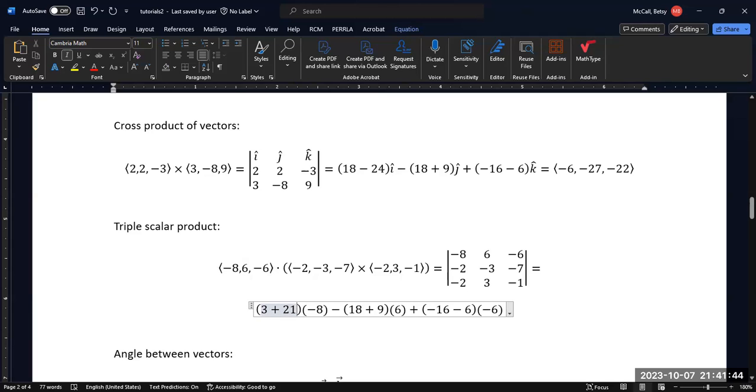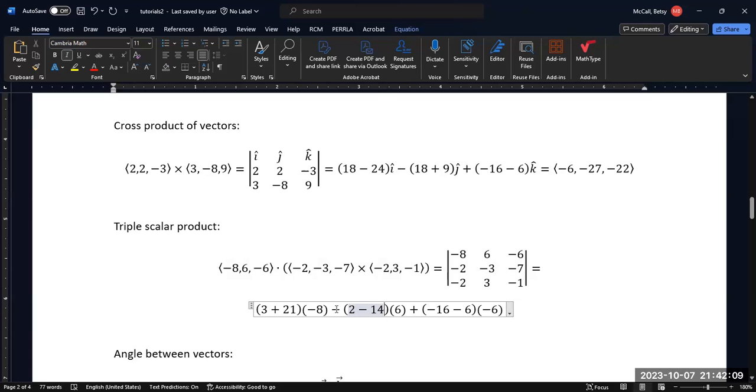So plus 21, because we're subtracting a negative. And then in this component, because the 6 comes from the second column, we're going to use the first and third columns. So -2 times -1 is +2. And then -2 times -7 is +14. And then we're going to subtract that.